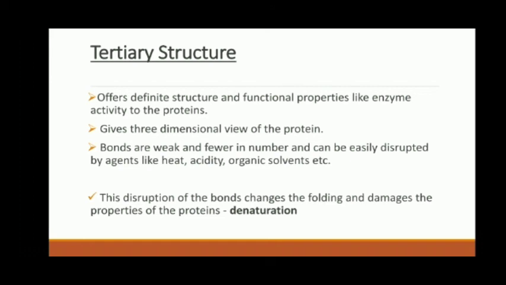In the case of enzymes, when high temperature comes, they get denatured, the structure is lost, and the activity decreases. Because when a protein is in the tertiary structure, the bonds present in it are weaker and are easily disrupted by other agents like heat, acidity, etc. So this disruption of bonds changes the structure of the protein and damages its properties. That process is known as denaturation.